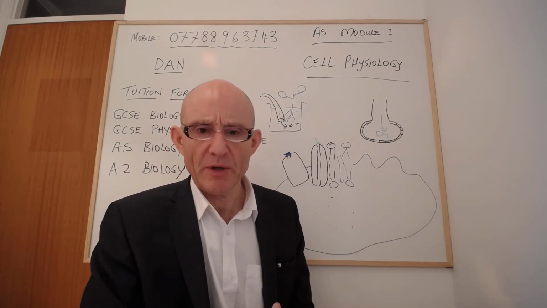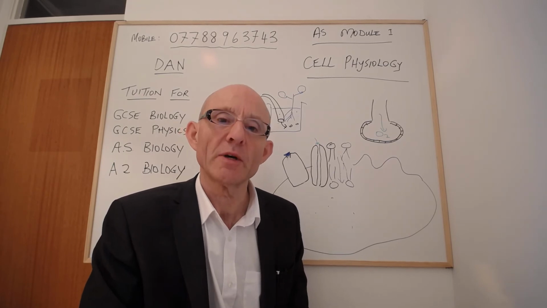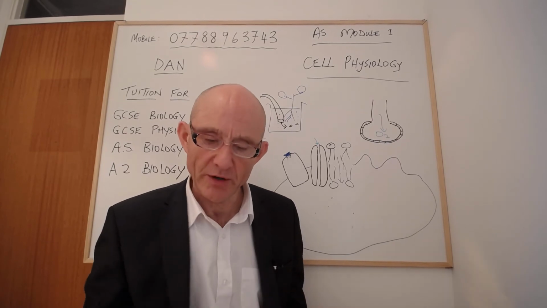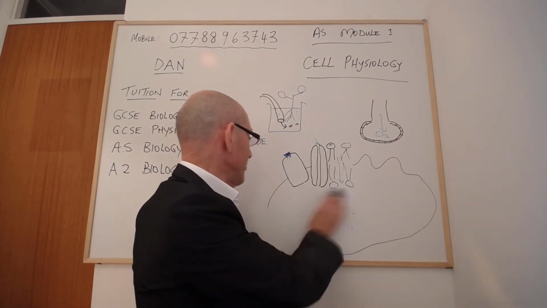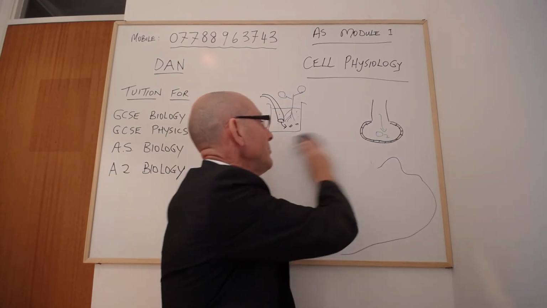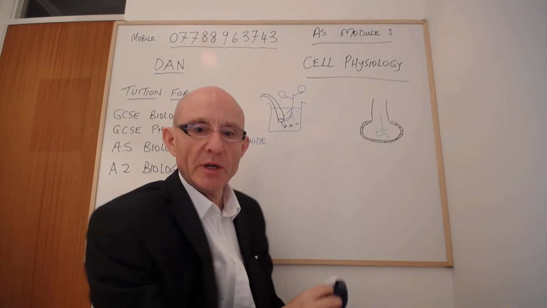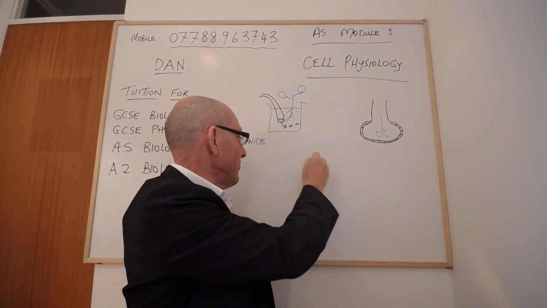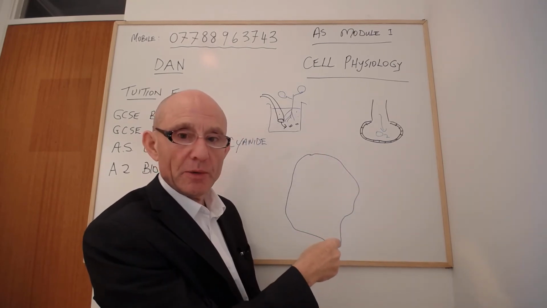The classic example of this was at GCSE. Do you remember the white blood cells called phagocytes? What did they do? They engulfed and digested bacteria. Essentially what was happening was that the phagocyte, a white blood cell, was in very simple terms eating the bacteria, but you wouldn't say that in an exam. If this was the white blood cell, usually they had an irregular shape like that.